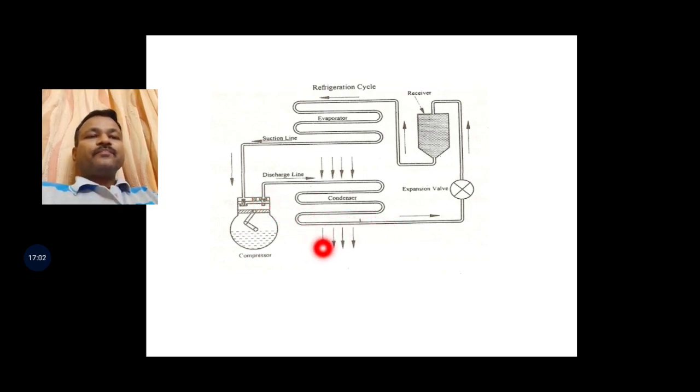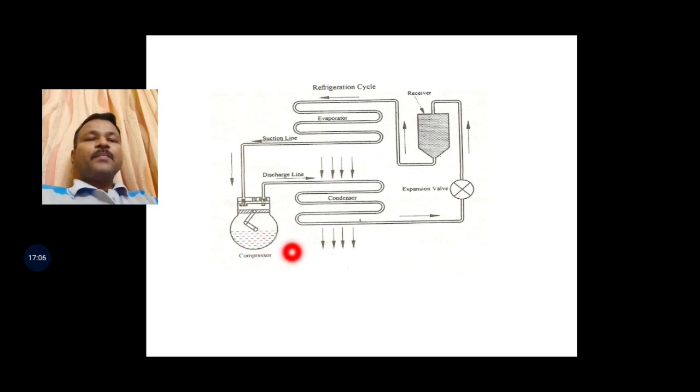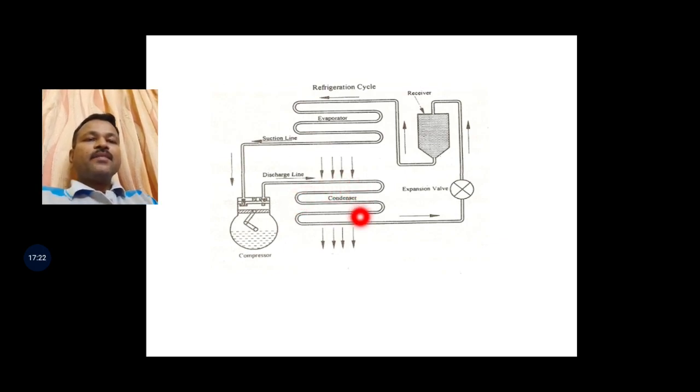In here the compressor's job is to compress, that is converting low pressure into high pressure. It is driven by an electric motor. The output of this compressor will be high pressure, high temperature vapor refrigerant. It will go to the condenser. The condenser's main job is to convert vapor into liquid. Condensation means converting a vapor state into a liquid state.